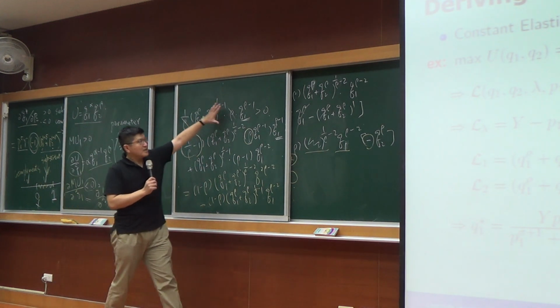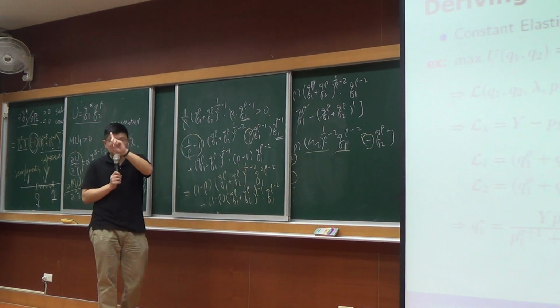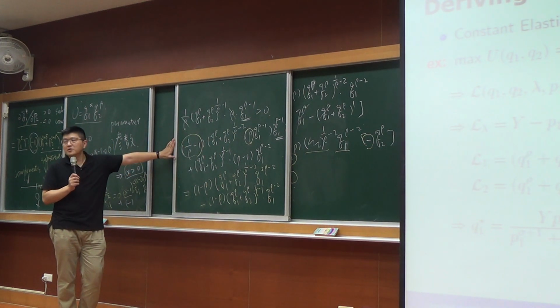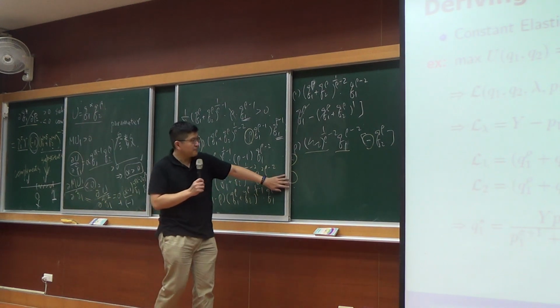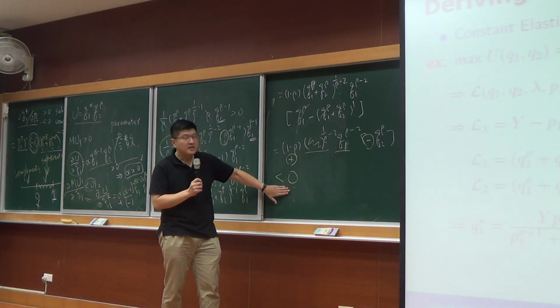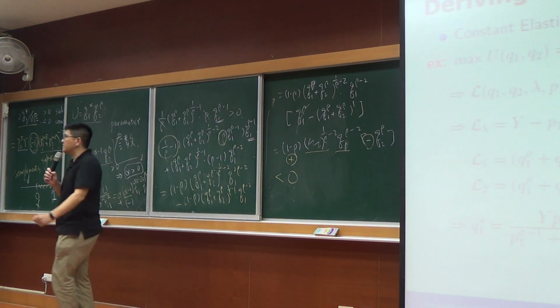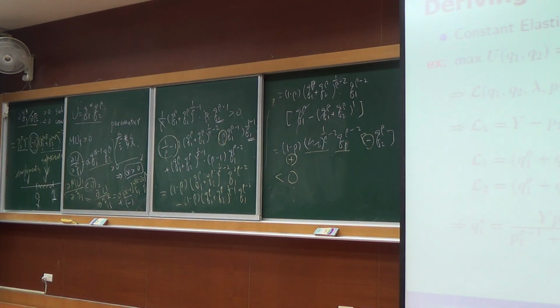So we have a positive marginal utility, first order condition, or first order differentiation, and we have a negative second order differentiation. So the marginal utility is positive but diminishing as you consume more good one.